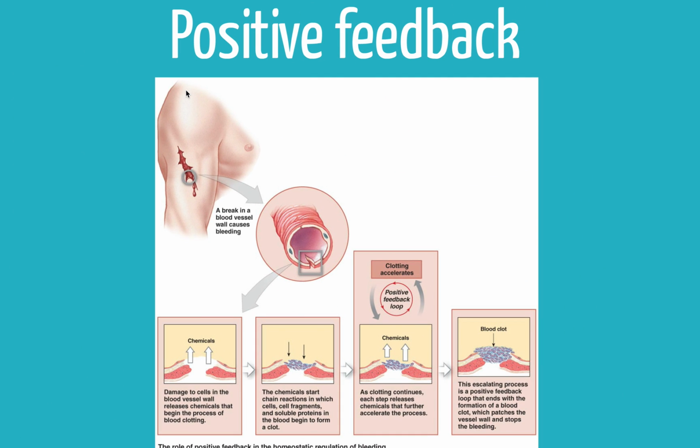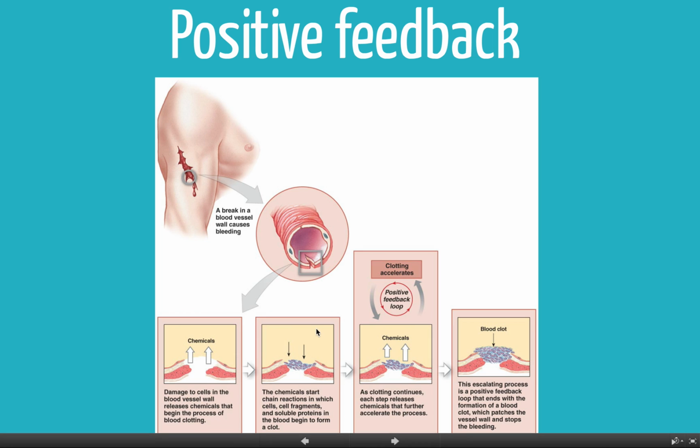A positive feedback mechanism accelerates a process to completion. So blood clotting is an example. Another example is pregnancy. You want these things to happen fast. So what happens with blood clotting is you get a tear in the blood vessel, some chemicals are released, and they attract what are called platelets.